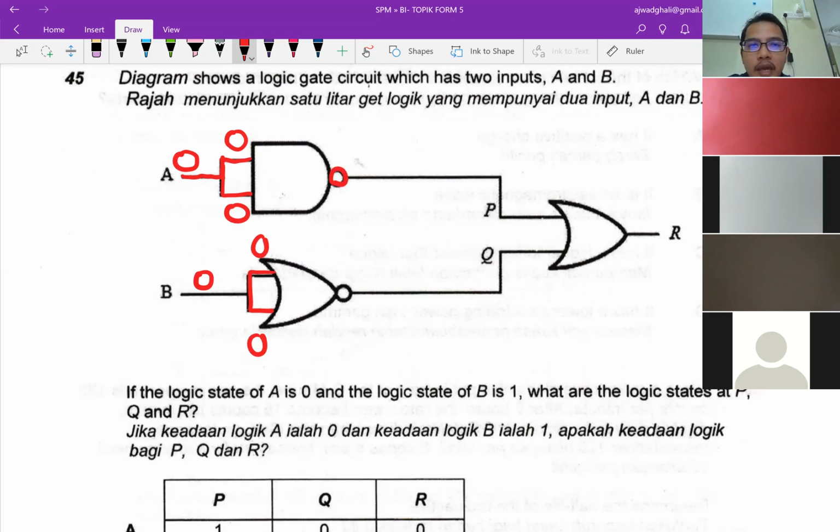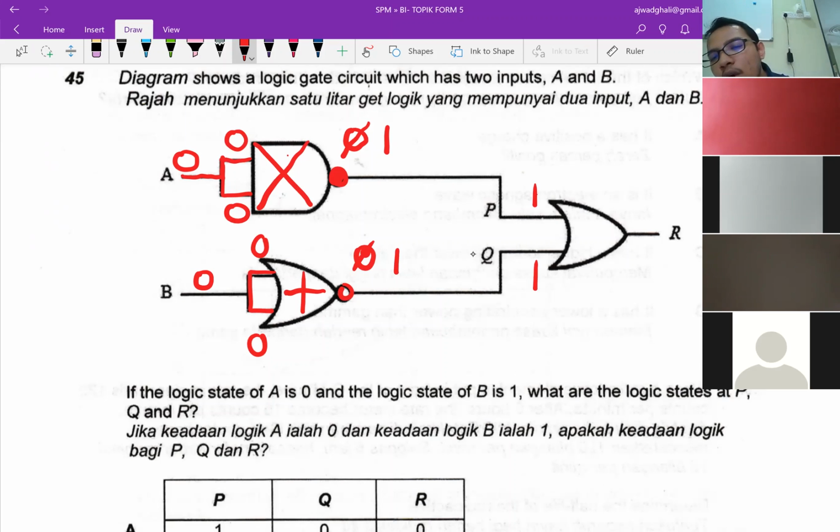But don't worry, we start with AND. So AND, you need to multiply, darab. 0 times 0 is 0, but there's a dot here, meaning it becomes 1. Okay, 0 OR 0, 0 plus 0 is 0, but because there's a dot here, it becomes 1. So P is 1, Q is 1. So 1 and 1, this is OR. 1 plus 1 is 1.